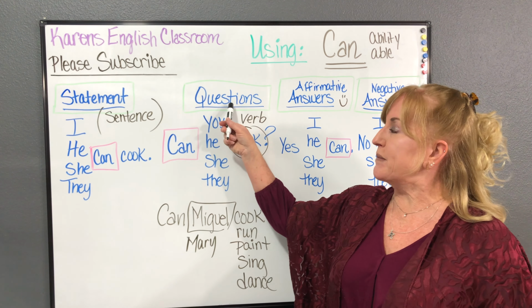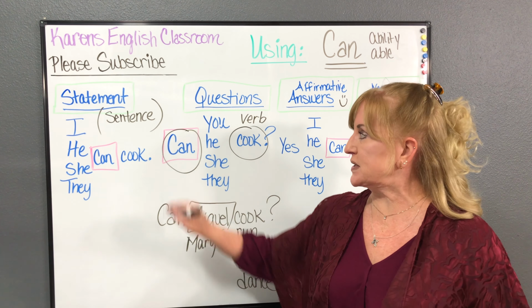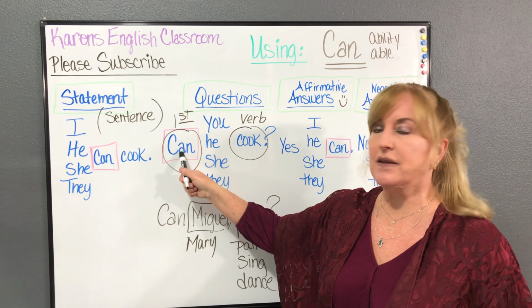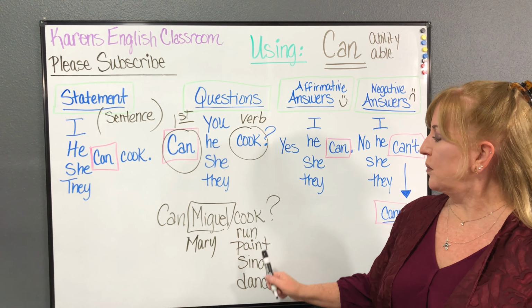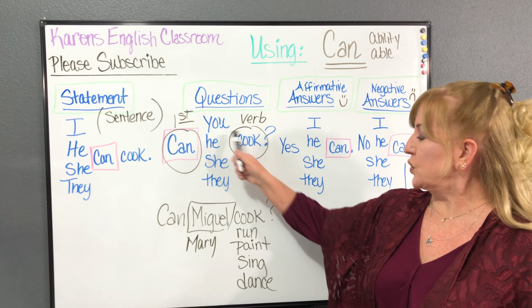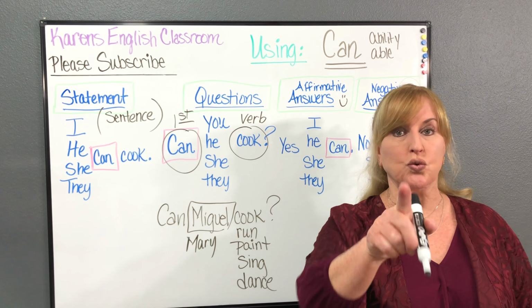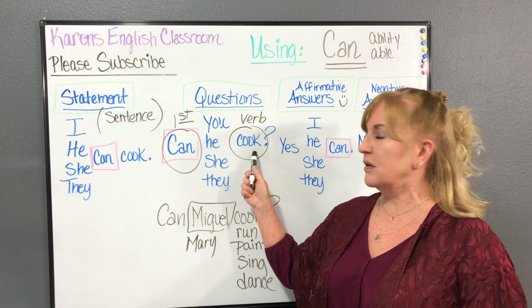If I make a question, can is going to go first. Okay, so first, can. Okay, can you cook? Can you paint? Can you sing? Can you dance? Okay? So I'm asking you directly. But if I want to know about somebody else, can he cook?